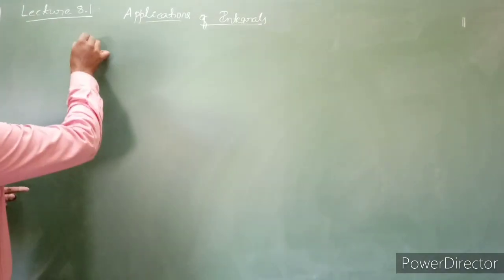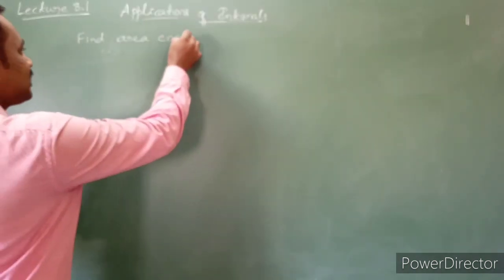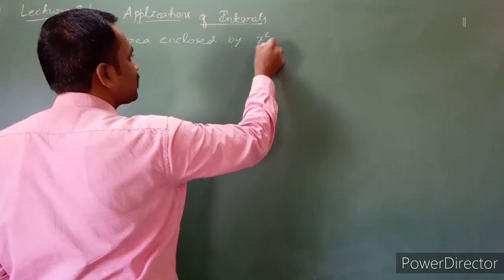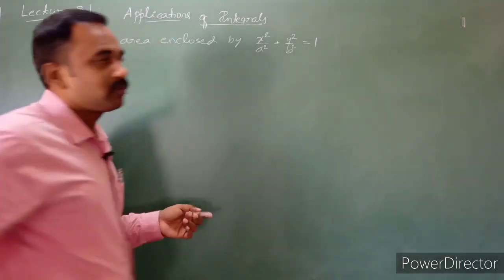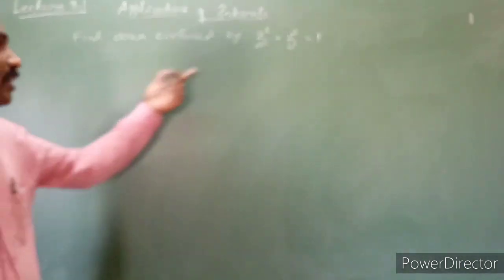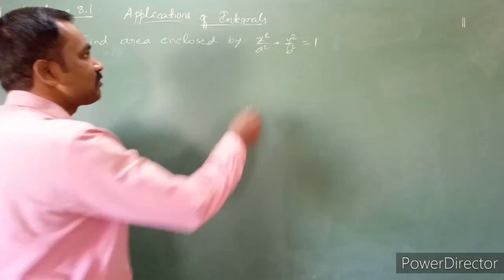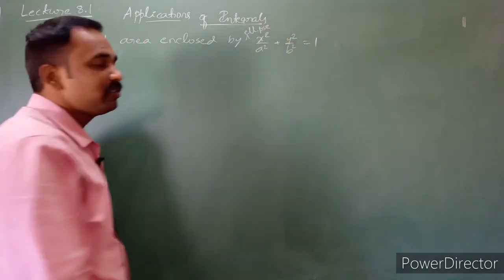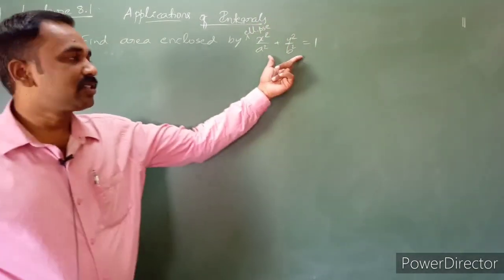Next one is: find the area enclosed by the ellipse x square by a square plus y square by b square is equal to 1. Sometimes they use the word ellipse and sometimes they directly give the equation. You should remember the curve. Already this is the ellipse.